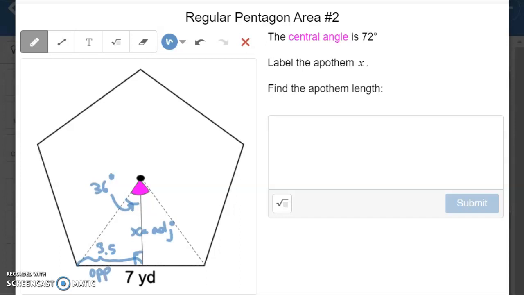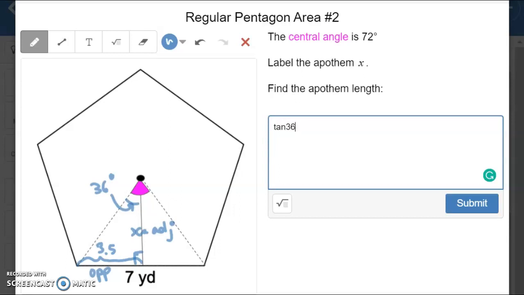So that tells us it's going to be tangent of 36 degrees equals, remember TOA, opposite over adjacent, 3.5 divided by x.